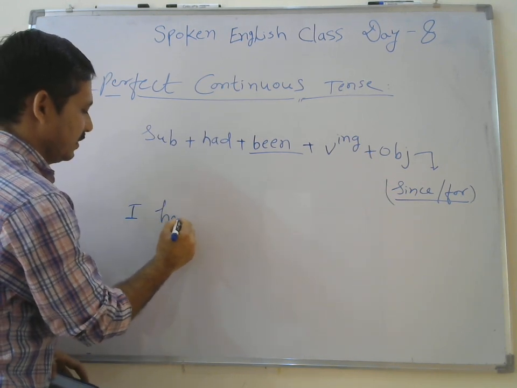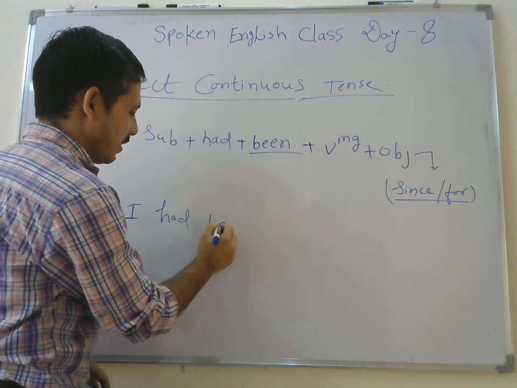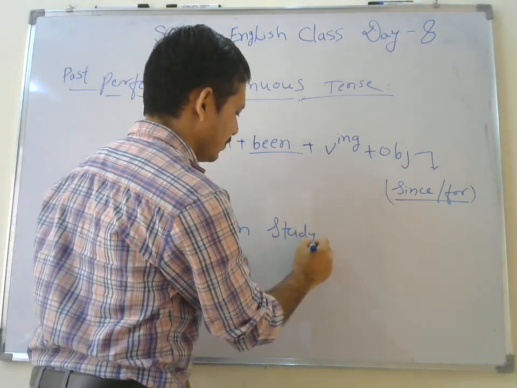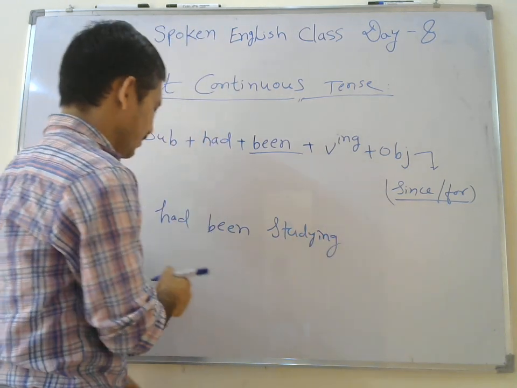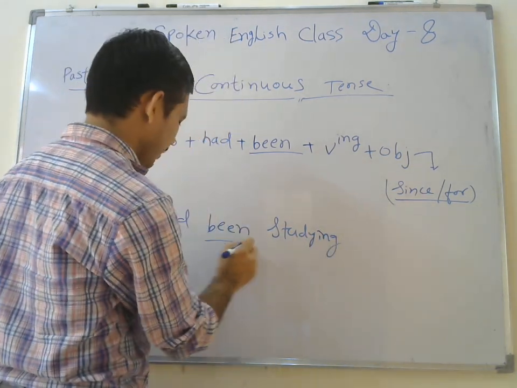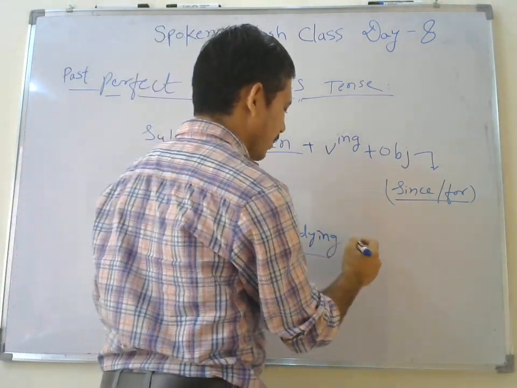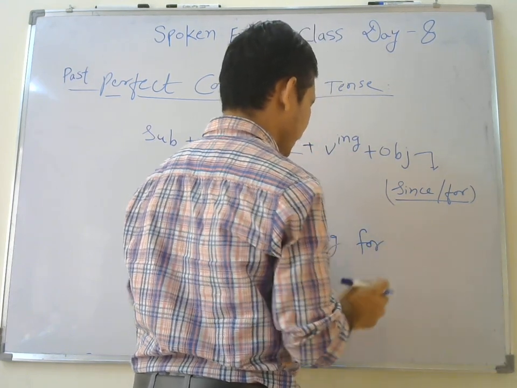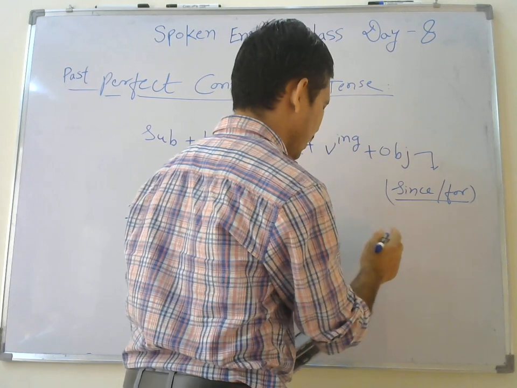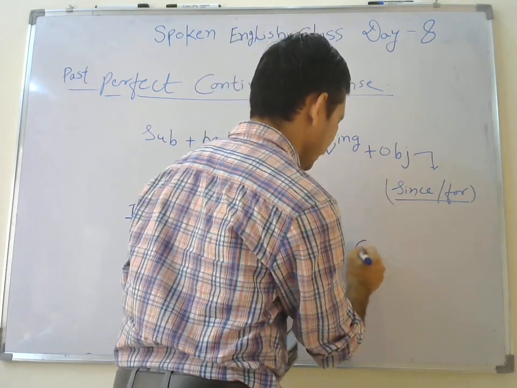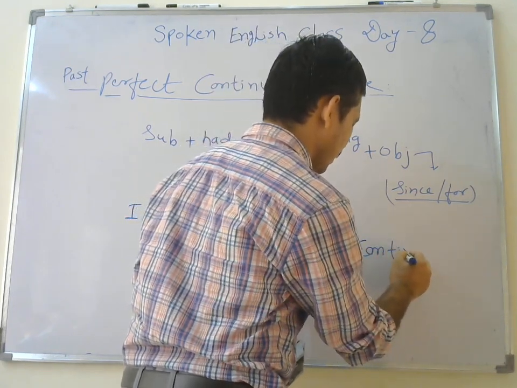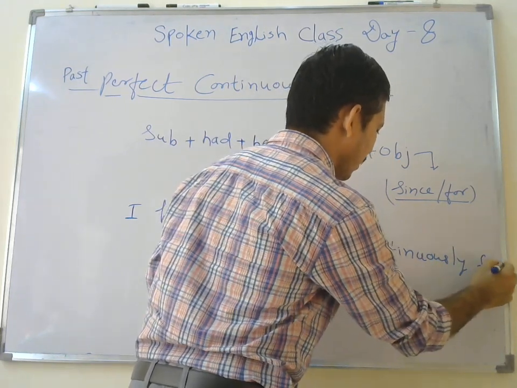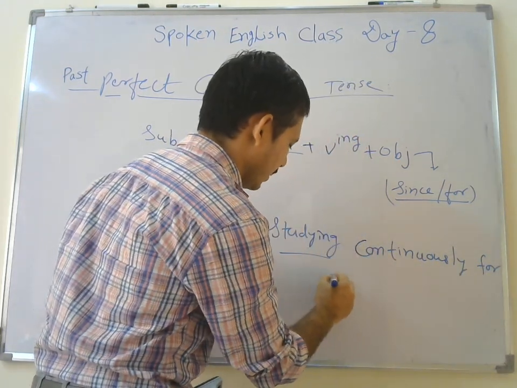I had been studying. Been, and here the ing form. I had been studying continuously for 7 or 8 hours.